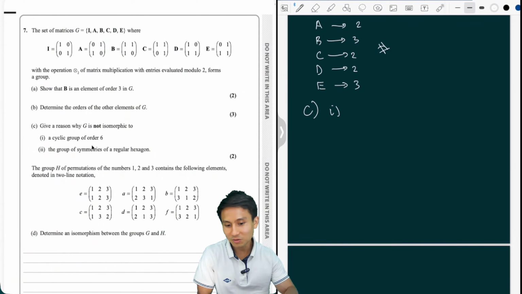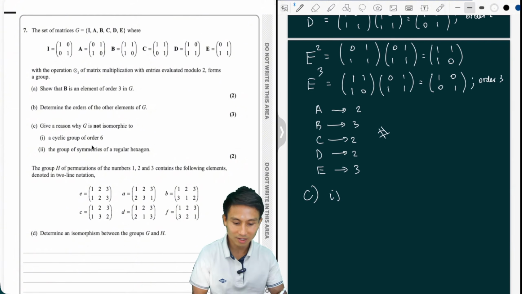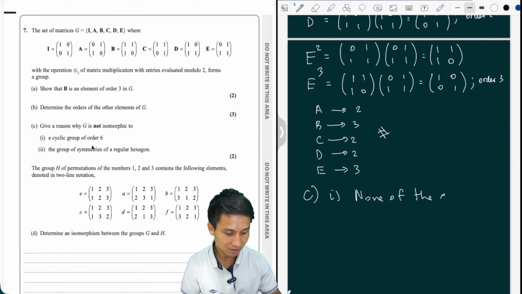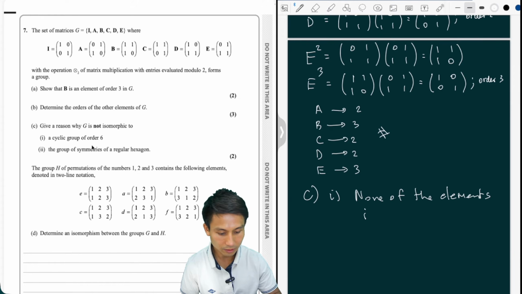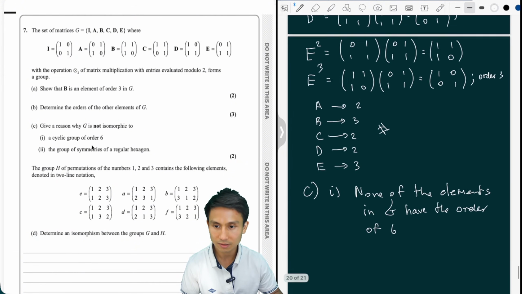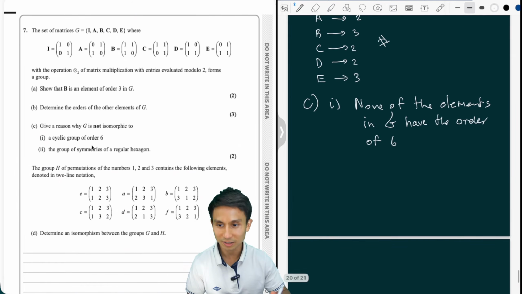And as we can see, none of them have order 6 here. So that's why it can't be isomorphic to that. None of the elements in G have order 6.